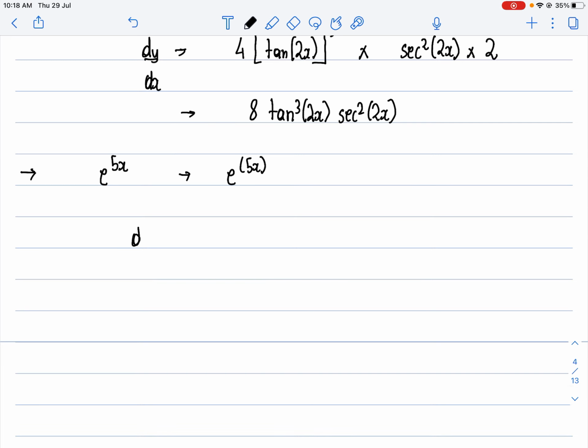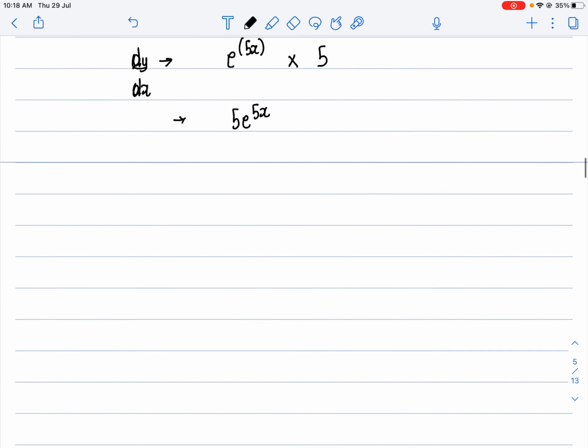So the dy by dx will basically be, the differentiation of e is the same. So you write the same function as it is, which is e raised to 5x, correct? But this will be multiplied by the differentiation of 5x. The differentiation of 5x is 5. So you can simply write this as 5 e raised to 5x.